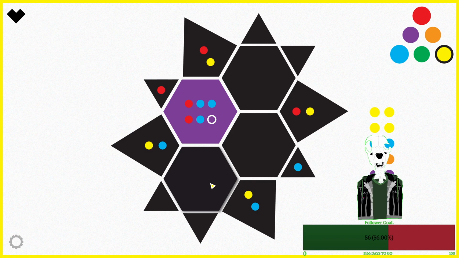Takes the red from here, yellow from here, and yellow from here. Then this is purple.